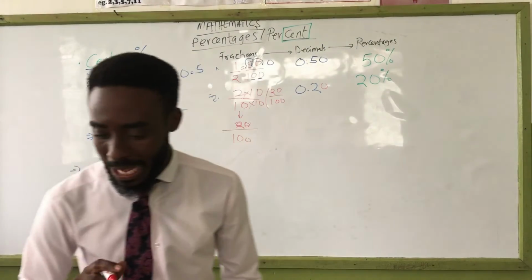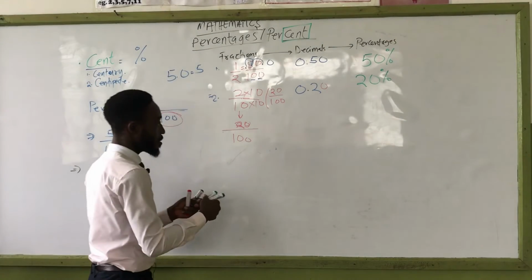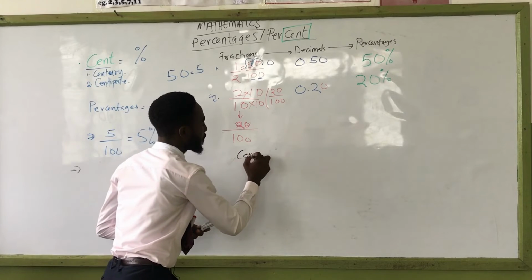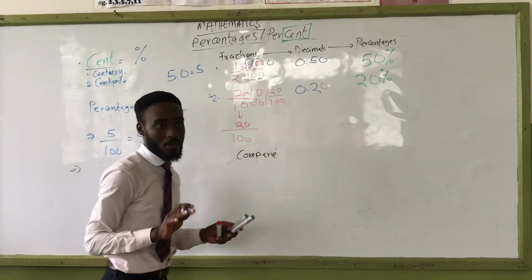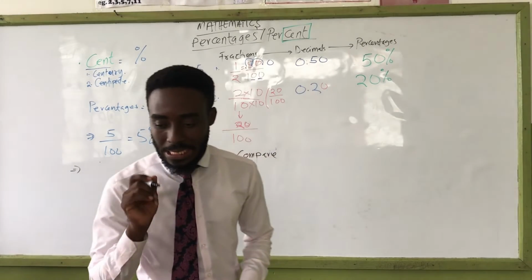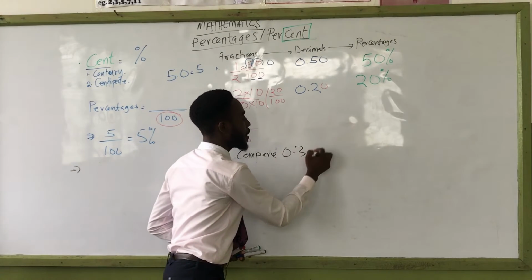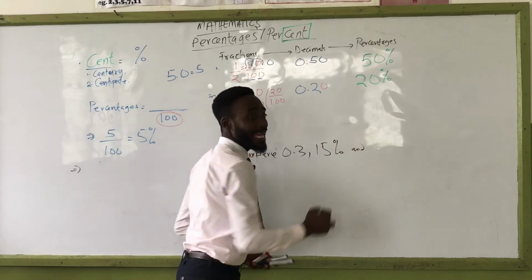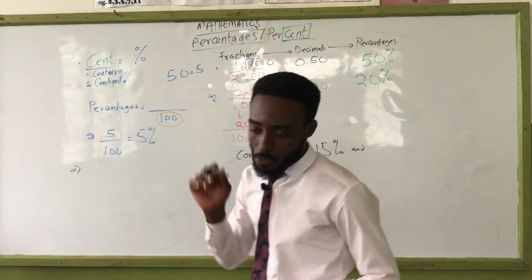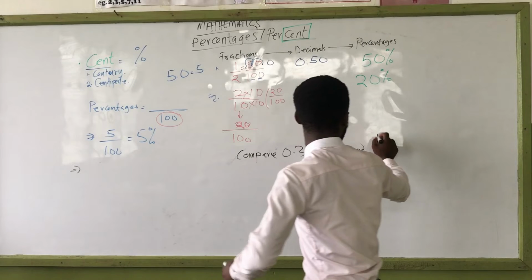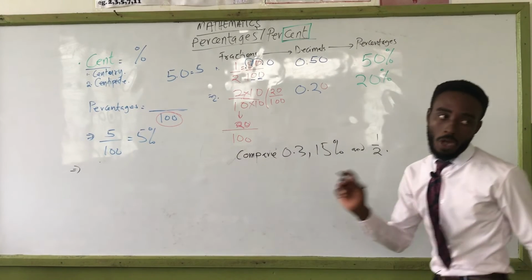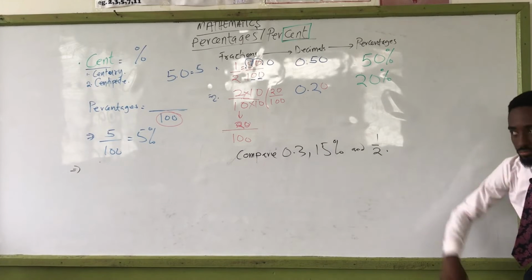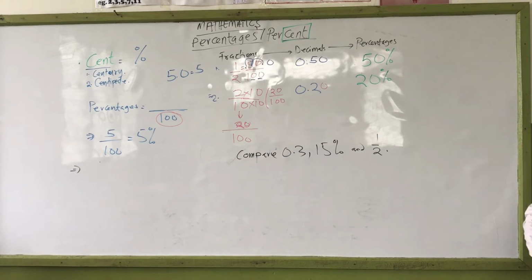An example is if you are asked to compare 0.3, 15%, and 1 out of 2. What should be your first reaction?